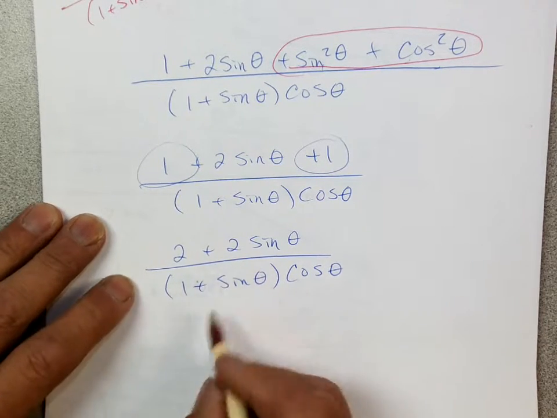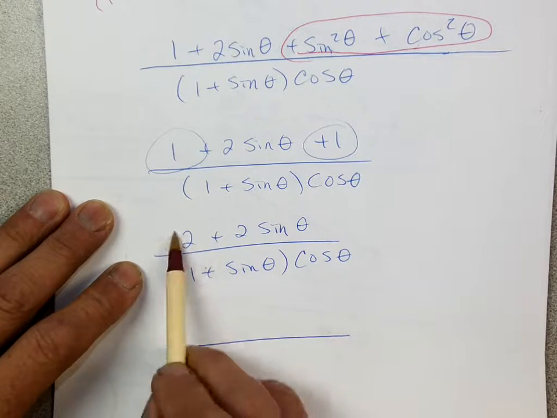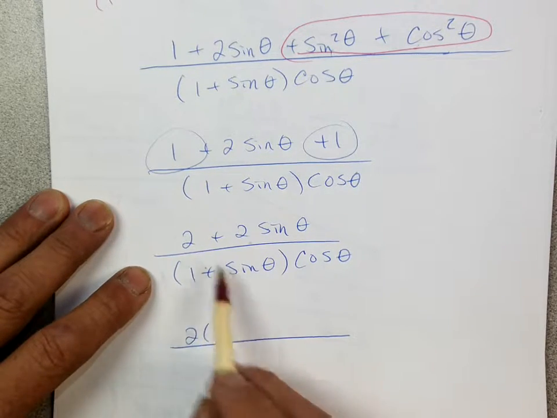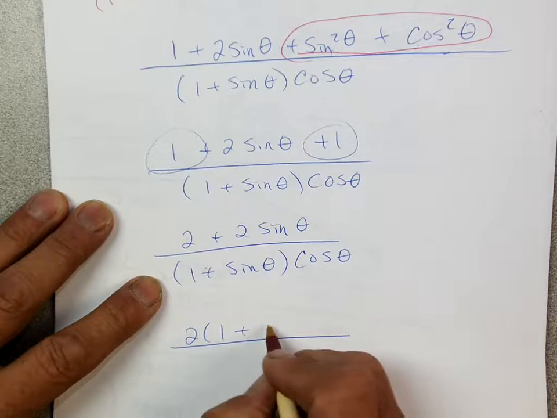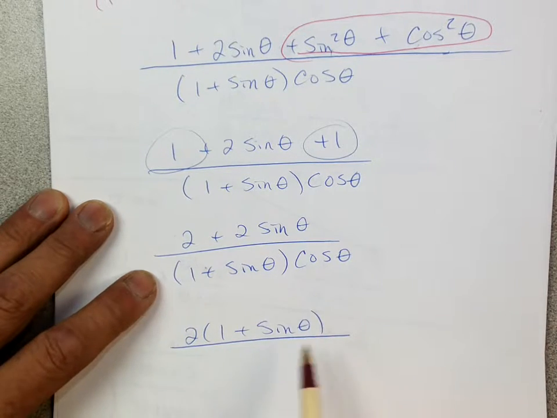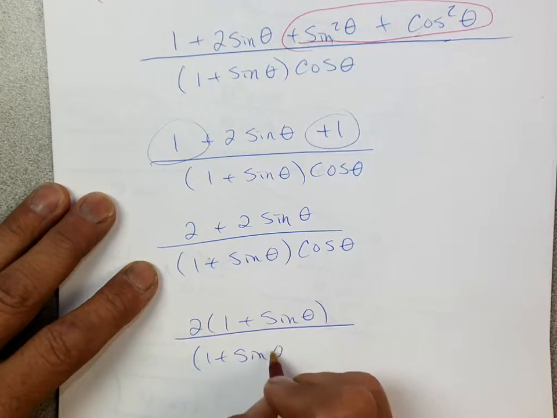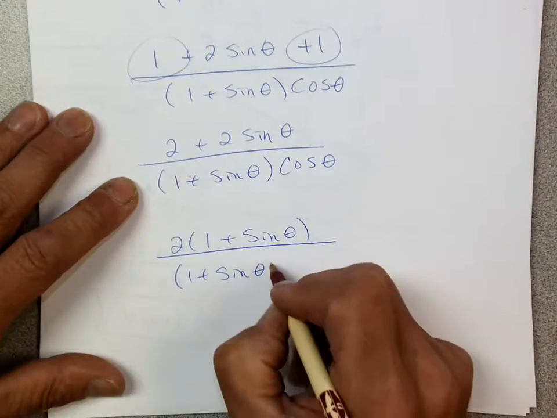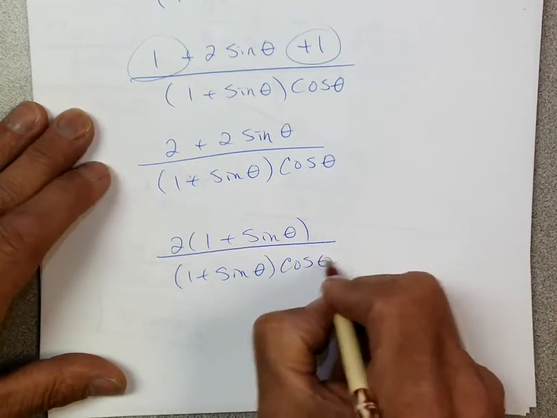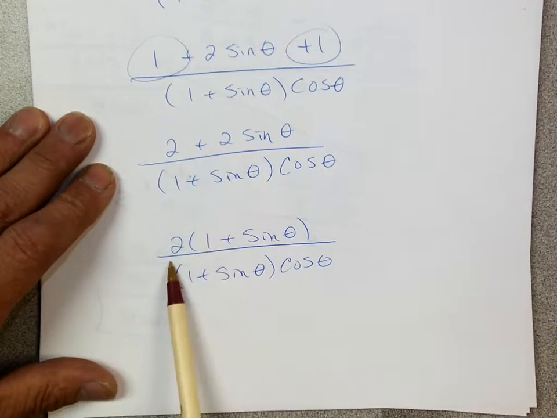So I can common factor out my 2. If I take out a 2, I'll have 1 plus sine theta, and I like that, because it's over 1 plus sine theta times cosine theta. So all I did was common factor out the 2. That's it.